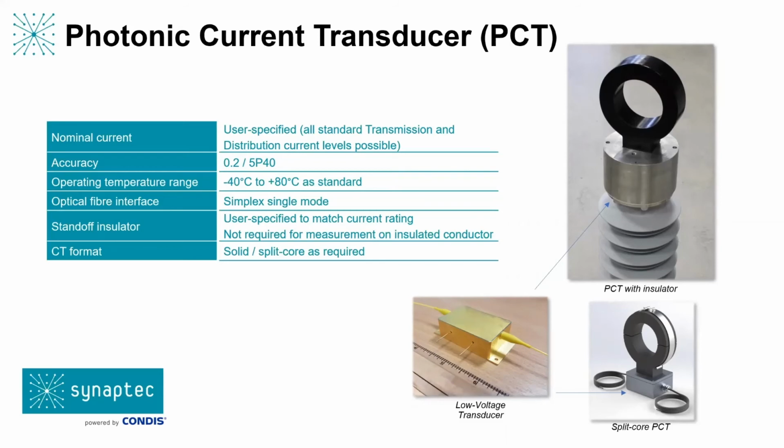So from the outside, this looks like an industry standard CT or a VT, but it's how we connect it back to the interrogator that makes the difference, because we can do so many of them synchronously. The only thing connecting them is encoded light, which is why it's so secure. I hope that's clear, because sometimes people think we're doing some kind of special form factor or special merging units at the remote location.